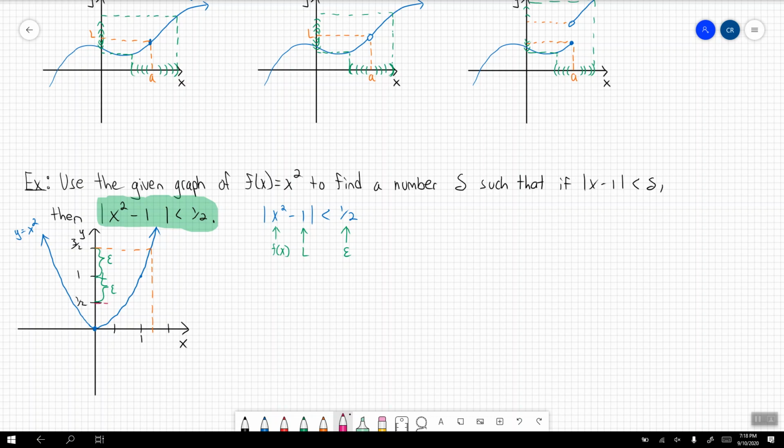So I'm going to do these in different colors. I want to find out what interval this is on the x-axis. More importantly, which side of the interval? Is it the left side of 1 or the right side of 1 that is closest to 1? The closer we get to 1, the better the delta approximation will be.